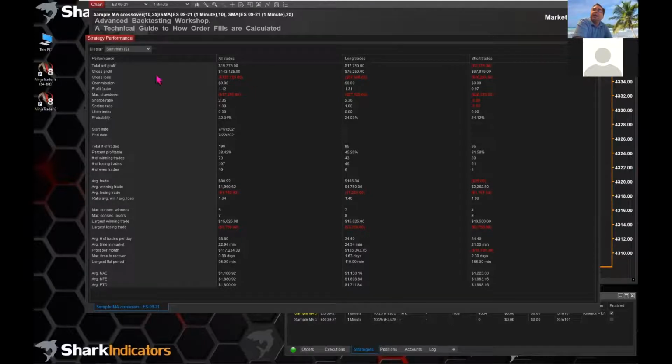And it just so happens this crossover system made 15 grand within, this is like a 5-day period here. So don't take this as a winning system. Anybody with any experience knows moving average crossovers never succeed. They're always losers. So I would just kind of ignore this.